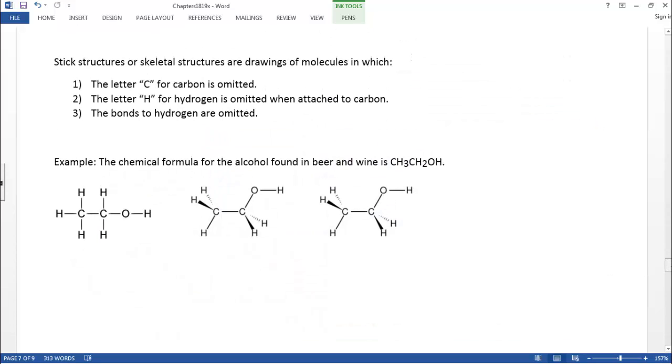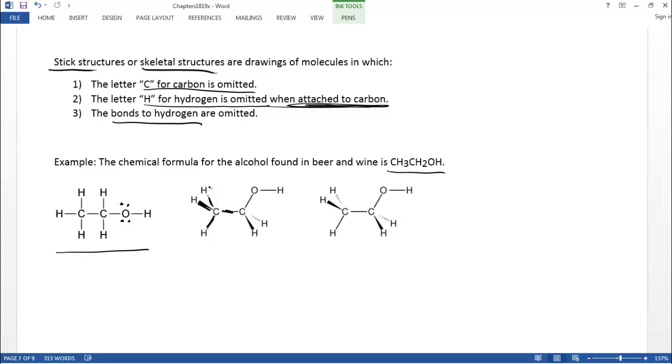There are other drawings where the C's are completely left out. And those are called stick drawings or skeletal structures. They're drawings of molecules in which the letter C has been omitted. The letter H has been omitted, but only when it's attached to carbon. If it's attached to another element, we keep the H in there. And then you look at the entire molecule, and any bonds of hydrogen, you take them out.